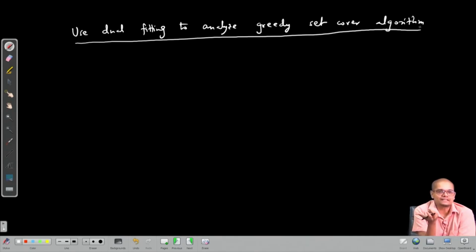We already have analyzed it using some other approach, and we have seen that the approximation ratio is log n, but this analysis framework will allow us to analyze some similar algorithm for some generalization of the set cover problem, and the analysis of those generalized versions will be exactly similar.